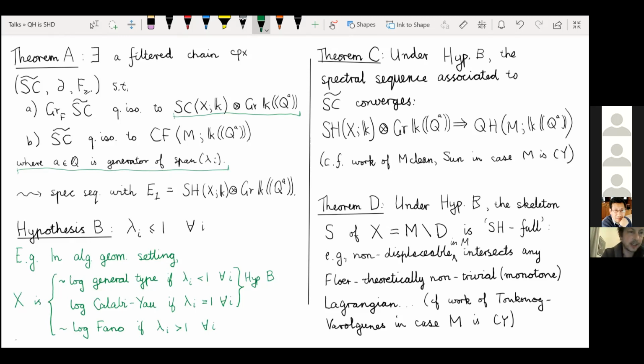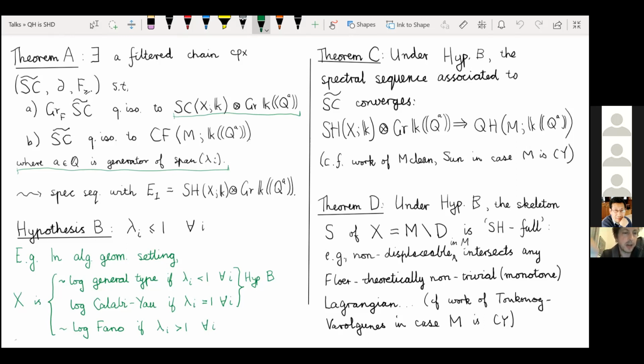And such that this filtered complex, if you just regard it as an ordinary complex, is quasi-isomorphic to the Hamiltonian Floer cochain complex of M. So this gives you a filtered complex computing quantum cohomology of M, and whose associated graded is quasi-isomorphic to symplectic cohomology.